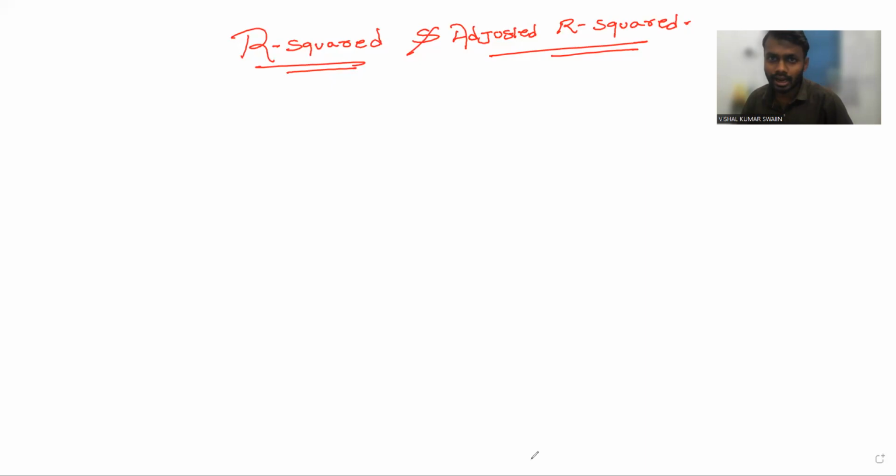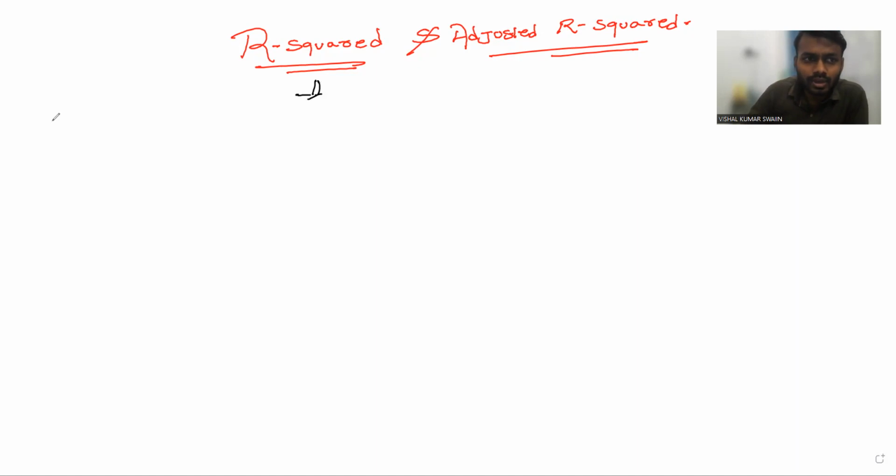For that case we use R square and adjusted R square, to check the performance of our model, right? I'm taking the example of linear regression, and let's start. First of all, I'm going to discuss R squared. So what is R squared?